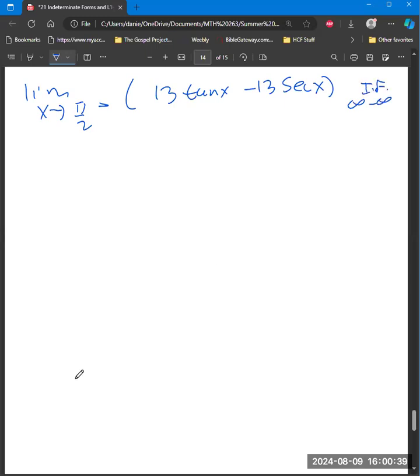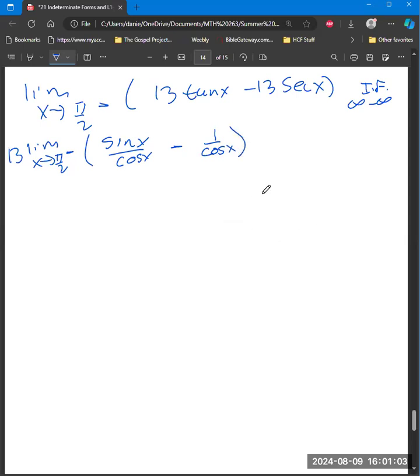Can't use L'Hopital's rule yet, so I'm going to rewrite the limit as x goes to pi over 2 from the left. I'm going to pull this 13 out front because that's really not helpful. And I want tangent as sine over cosine minus 1 over cosine, like this.